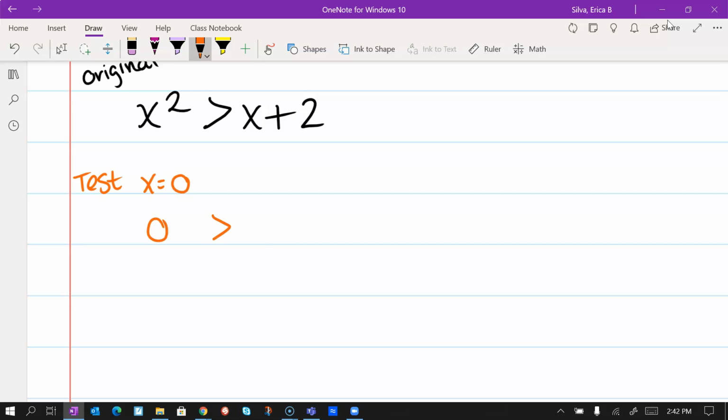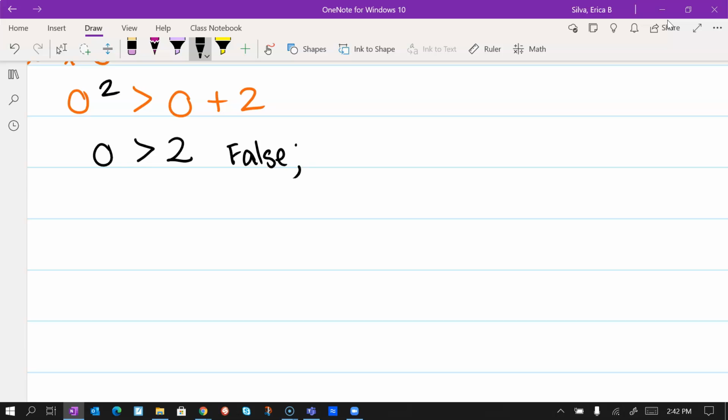So we've got 0 squared and then 0 plus 2. Which means we get 0 is greater than 2. Is that true or false? Is 0 greater than 2? That is false. So because it is false, that means 0 is not part of the solution set.